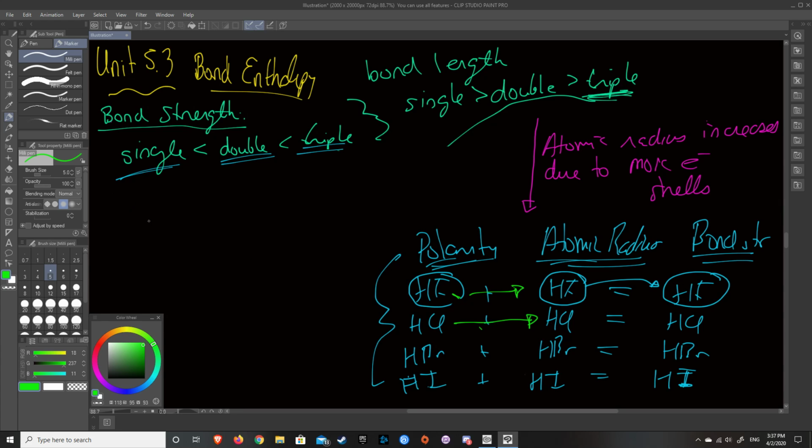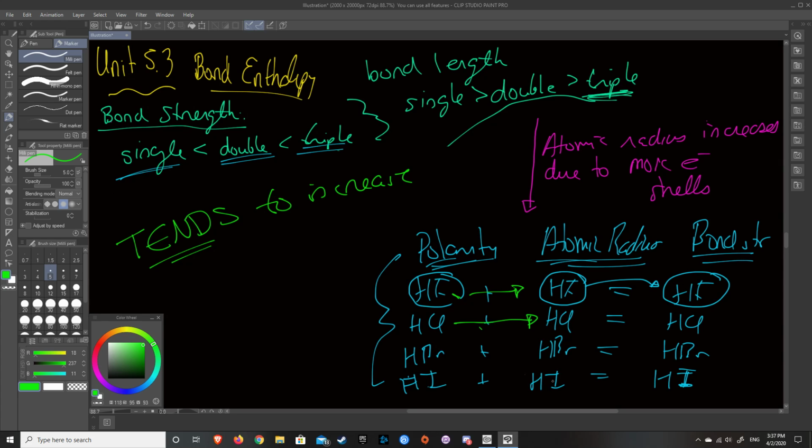So basically, the trends that we need to know are that as polarity increases, bond strength, and this is the word that chemistry likes to use, tends to increase. So it tends to, most of the time, but not all of the time. Atomic radius, same thing.